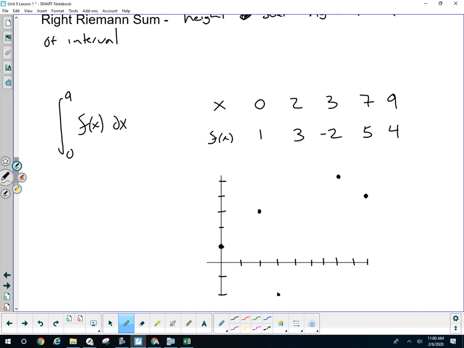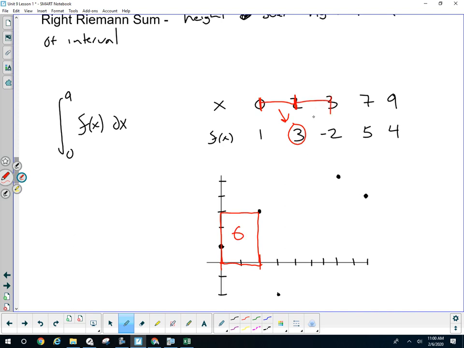So, first 2 points, 0 to 2, that's going to be my first base. But instead of using 1, I'm going to use the point all the way over here at 2, which is 3. Using that guy. So now my first approximation is going to be 6.